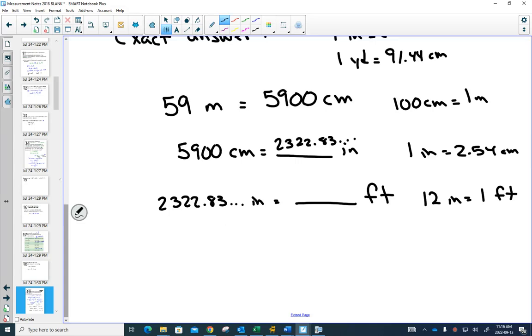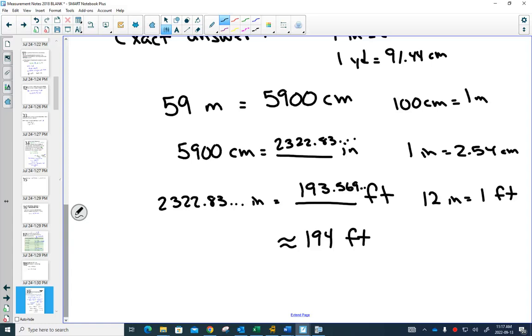I'm going to need less, so I'm going to divide by 12. 193.569. That would be an exact answer, rounded to the nearest foot, 194 feet, would be the best answer if I was rounding to the nearest foot.